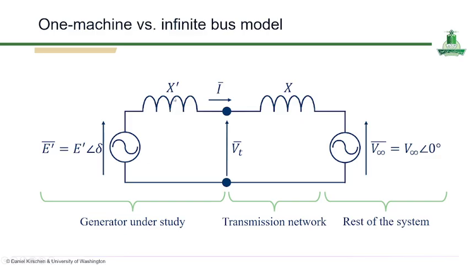This slide illustrates the one machine infinite bus model, a simplified representation widely used in power system stability analysis.